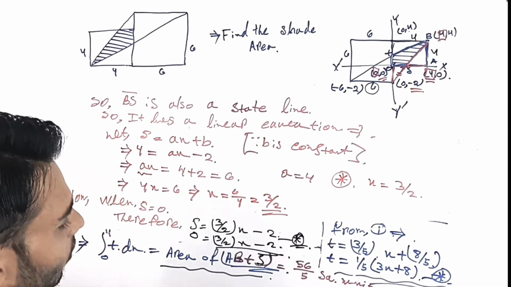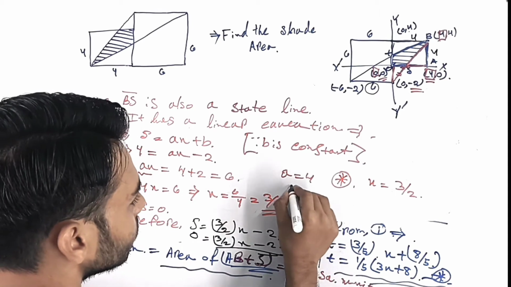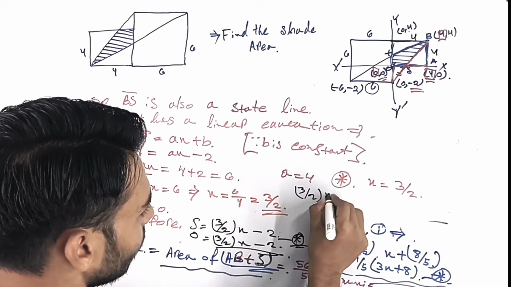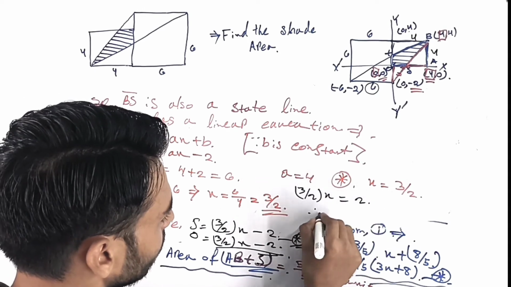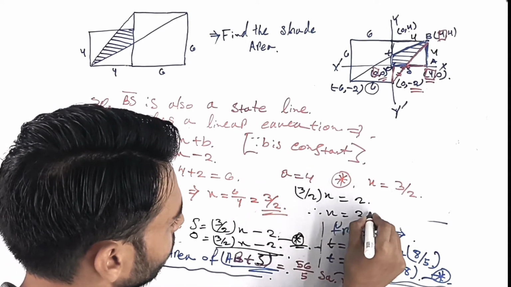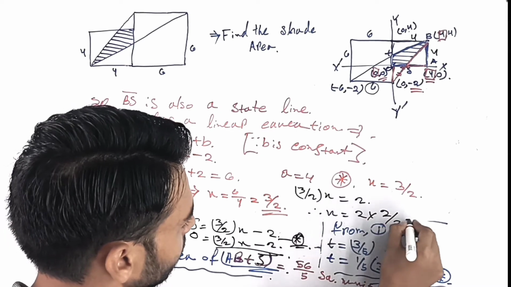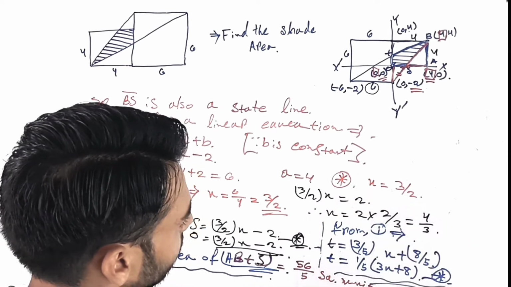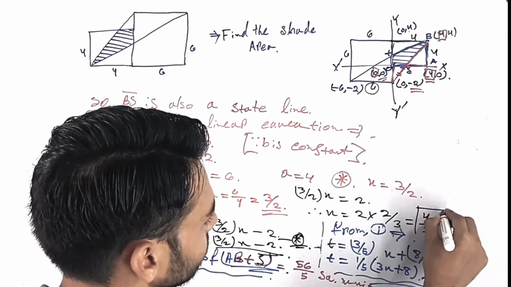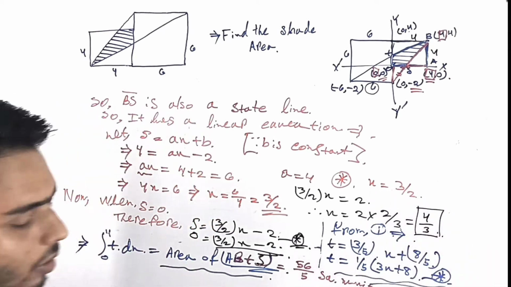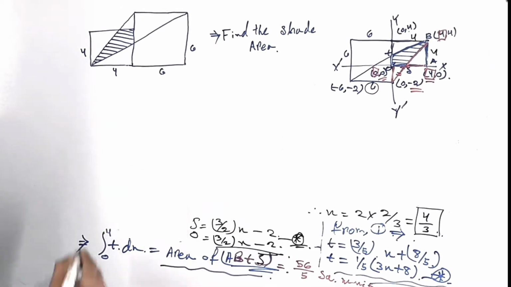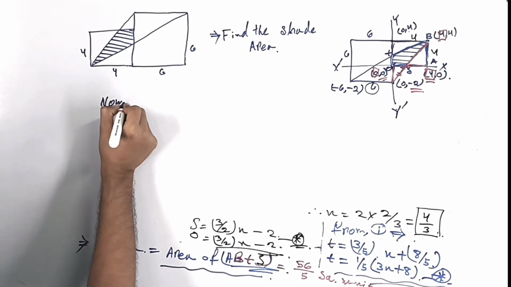And this part of this area I also remove, so I write down with my black pen, 3 by 2 times x equals 2, that's it, and x equals 2 times 2 by 3, and that's equals 4 by 3, and we find the x value. So also we know the value of s.